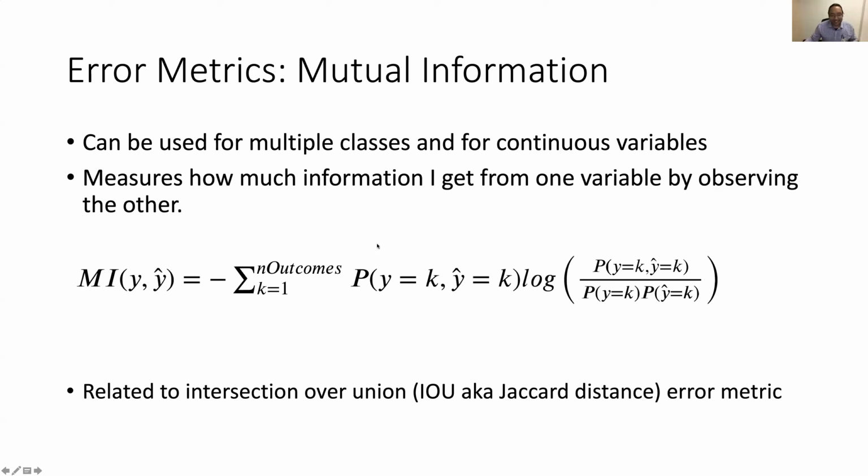So what if those two variables that I'm considering are the actual and predicted labels? Imagine if your model is 100% accurate, then looking at the predicted label should tell you everything you need to know about the actual label. The mutual information is maximized.